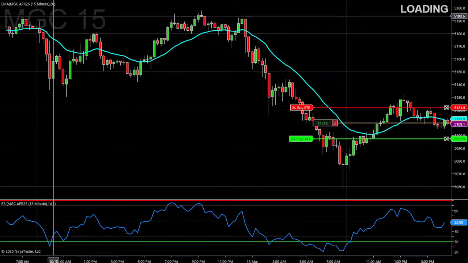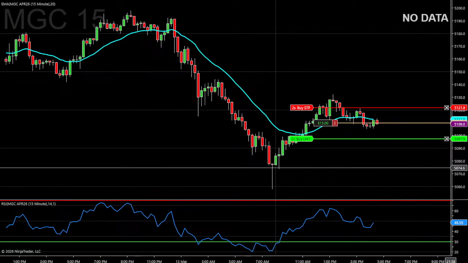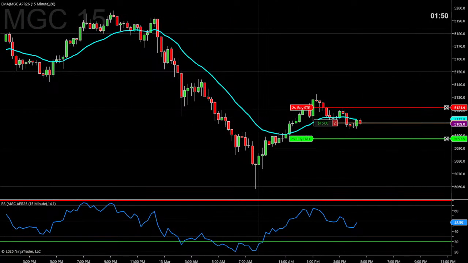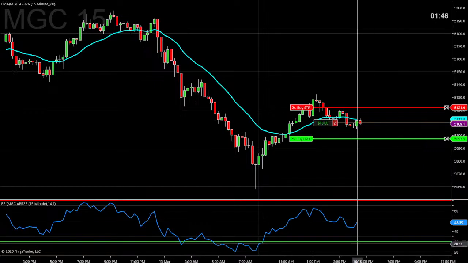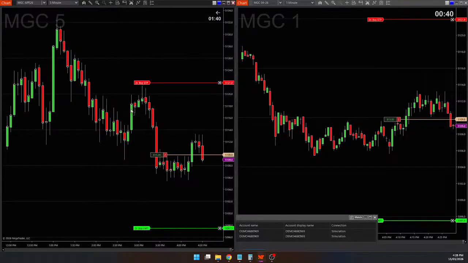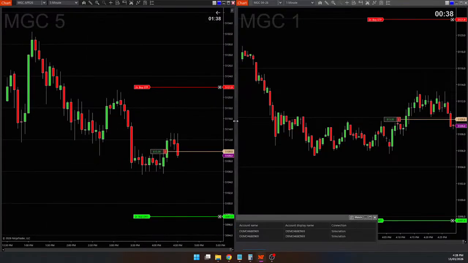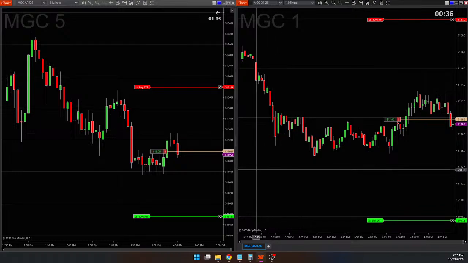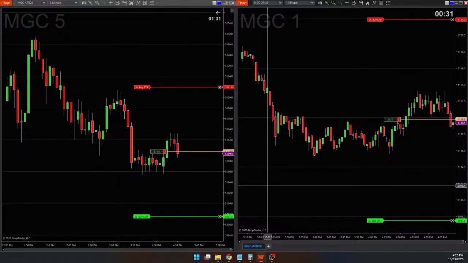Gold seems to be profiting again. So what does that look like on the lower time frames? Now, just a reminder, we've got 2 contracts on gold.